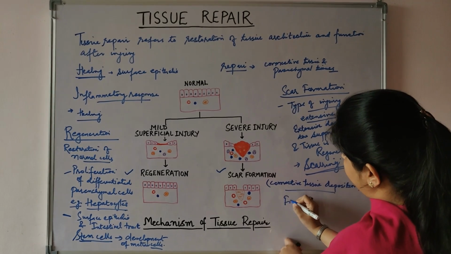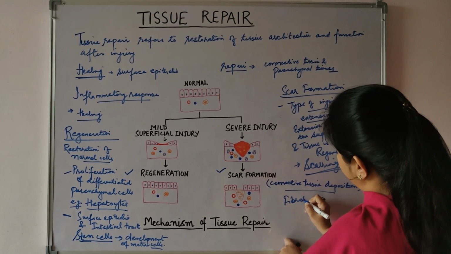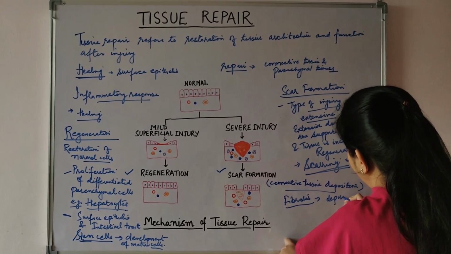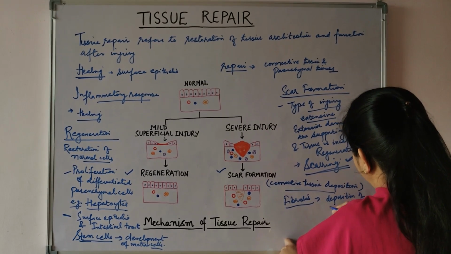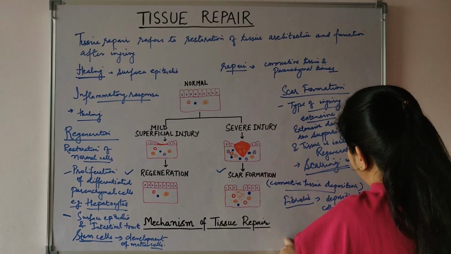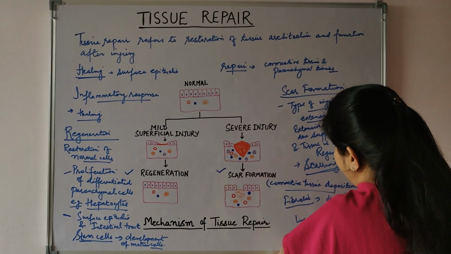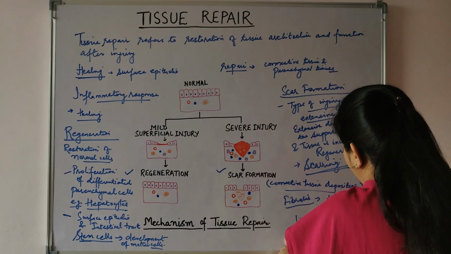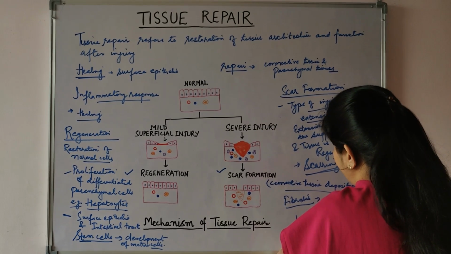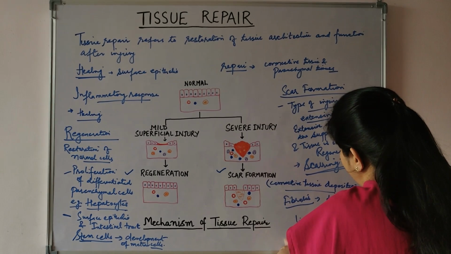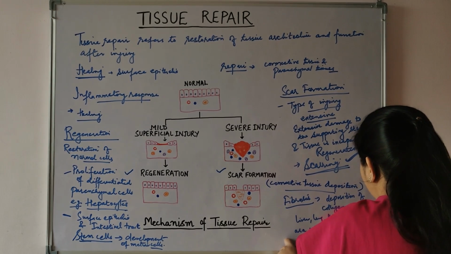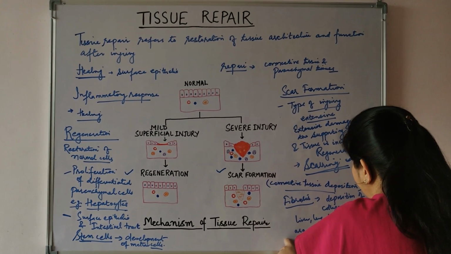The term fibrosis is used to denote the deposition of collagen in various organs like liver, lung, kidney, as a consequence of chronic inflammation.